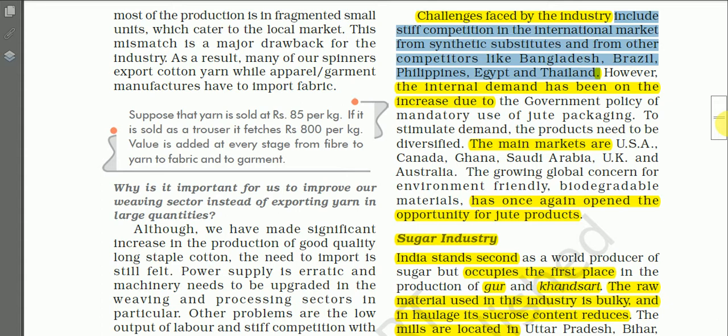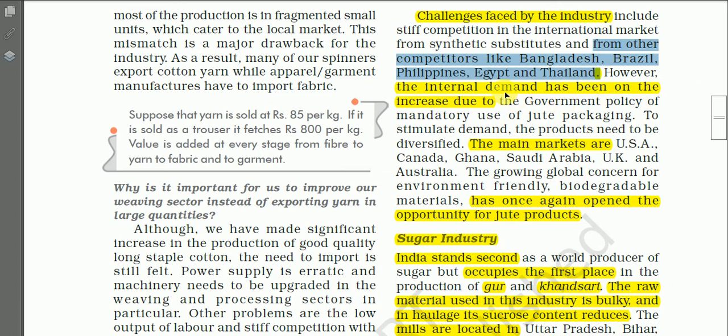And the other one is competition from countries like Bangladesh, Brazil, Philippines, Egypt and Thailand in the export of these jute products in the international market.